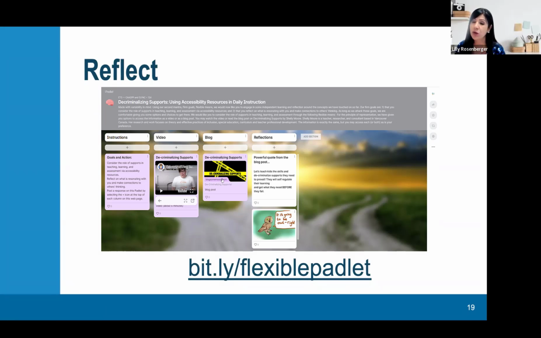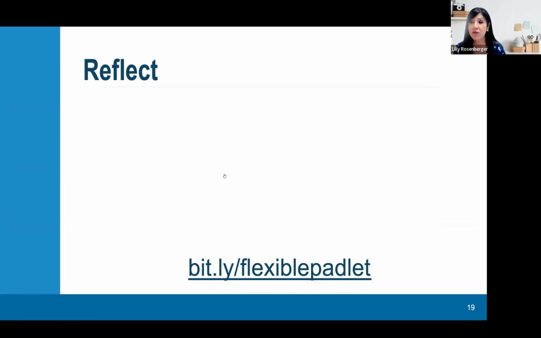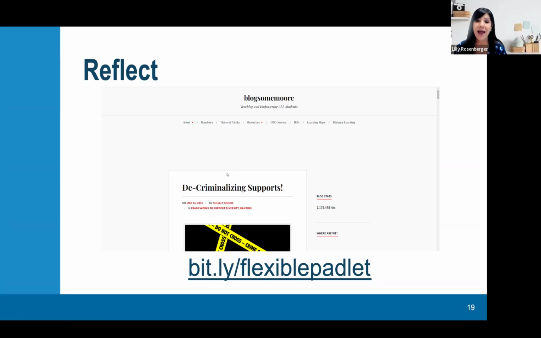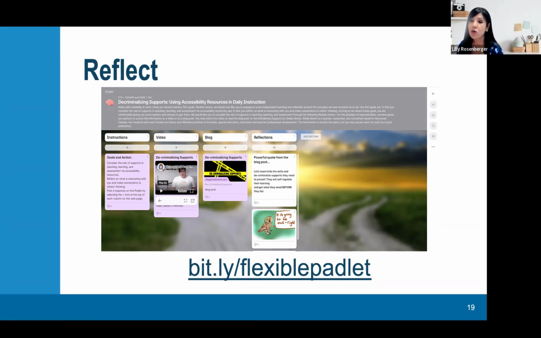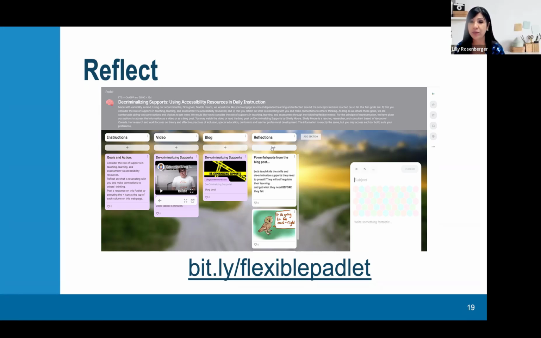Aligned with the principle of action and expression, we're giving you the option to post your reflections about your learning and connect with others. You may type, record using a video, post an image, or record using audio, whatever is resonating with you. You may also respond to others' posts using the same options.